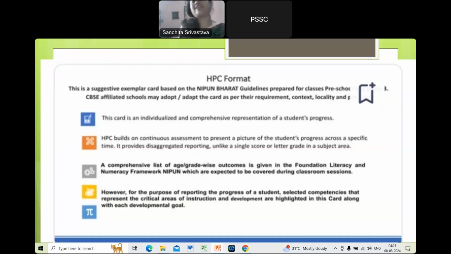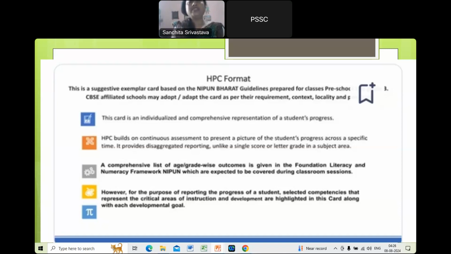However, for the purpose of reporting the progress of a student, select competencies that represent the critical areas of instruction and development are highlighted in the card along with each developmental goal. So that is what I am telling, that the progress or the goal should be achievable. When we talk of SMART, it is achievable targets, right? Smart classes, smart goals. I don't want to go into the detail, I think we are lacking time.